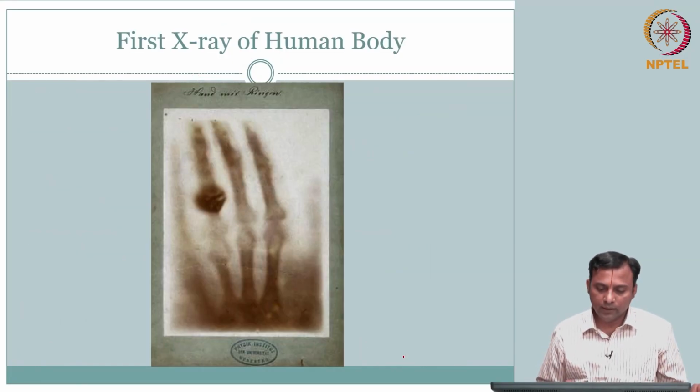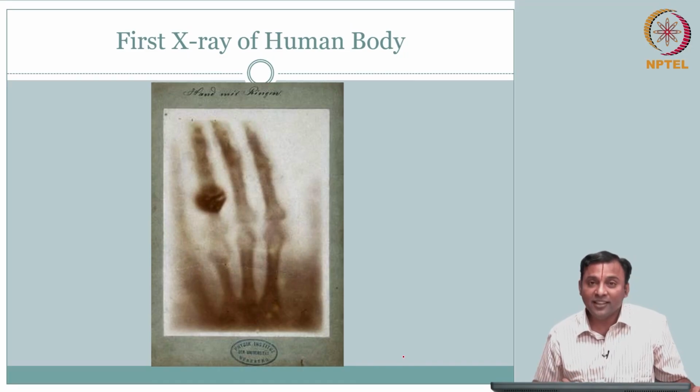Okay, so before moving to the next modality, I just want to throw this in. Several of you probably would have heard about this in a quiz contest or something, a trivia kind of question, but nevertheless it's fun. What is this? This is, by the way, what is considered to be the first medical image.